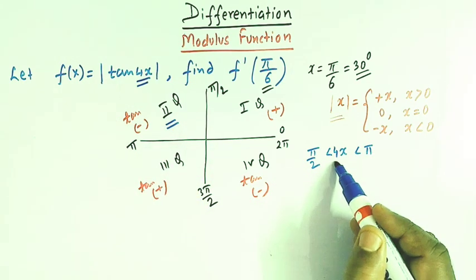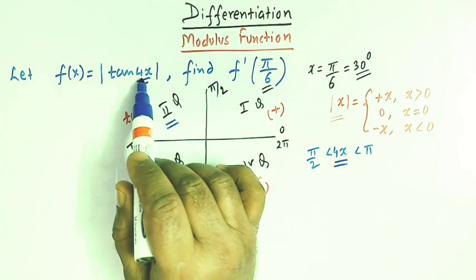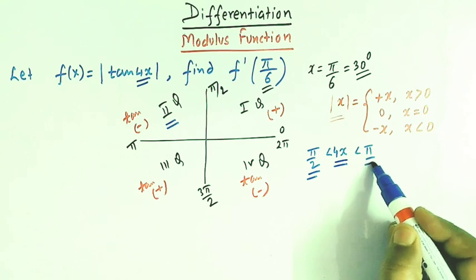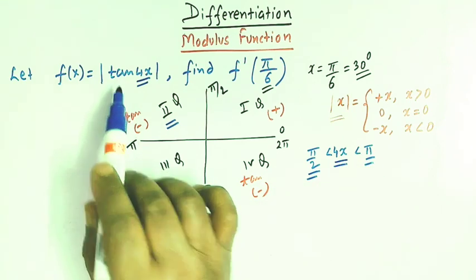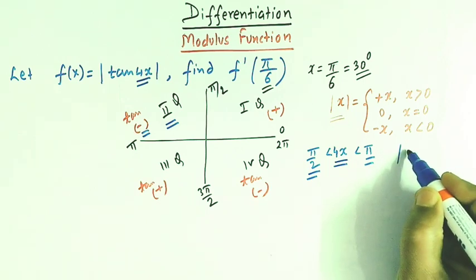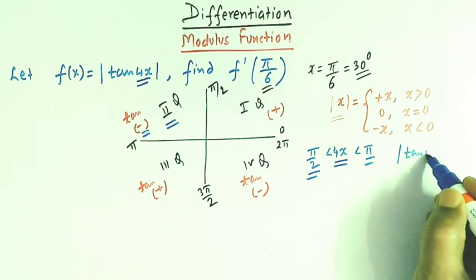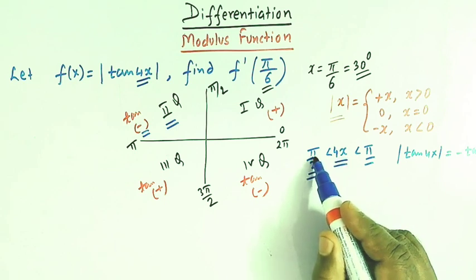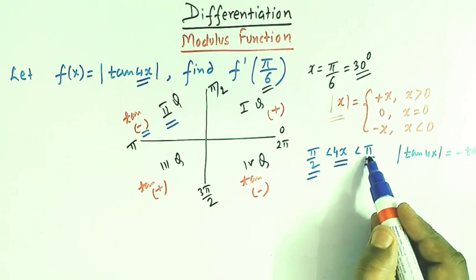So mod of tangent of 4x is equal to negative of tangent of 4x when 4x lies between pi by 2 and pi.